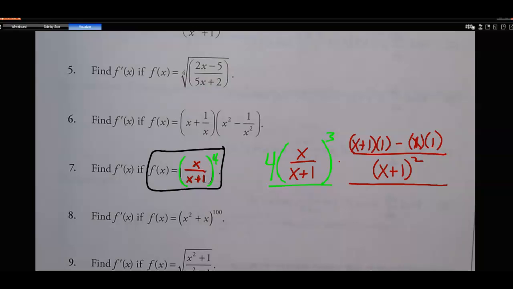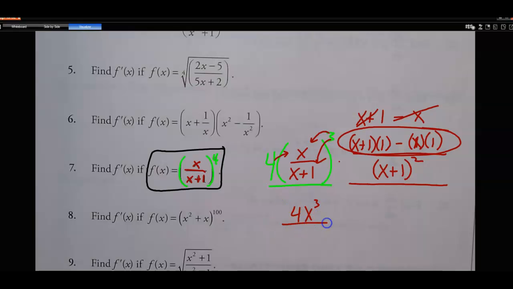So first of all, I would start by distributing the 1 there, which is just going to give me this, and the x's are going to cancel out, right? I'm going to go ahead and apply this power to the top and the bottom, and then move the 4 up here to the top. So I'm going to end up with 4x cubed over x plus 1 cubed. And then now over here I've got 1 over x plus 1 squared.